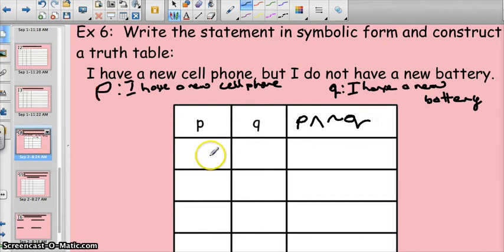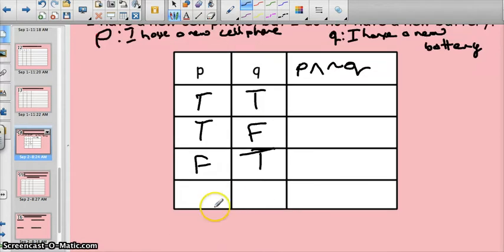Now, in order to do this, I'm going to load my truth table, same way I always do. Both could be true. First could be true, second could be false. First could be false, second could be true. Or it is entirely possible that both of them are false. From there, I'm going to go over to the solution side and draw columns.